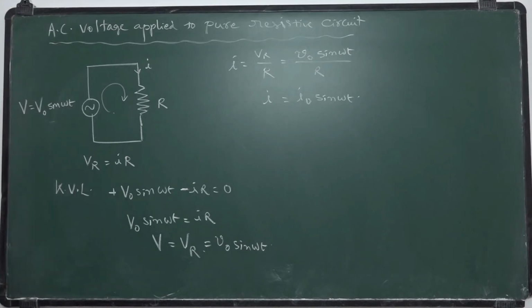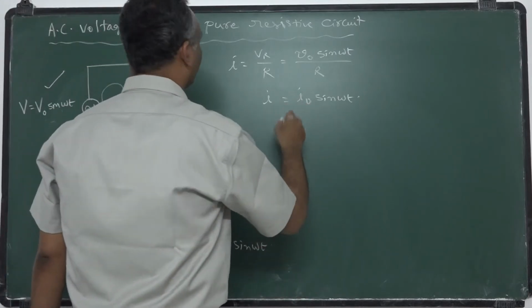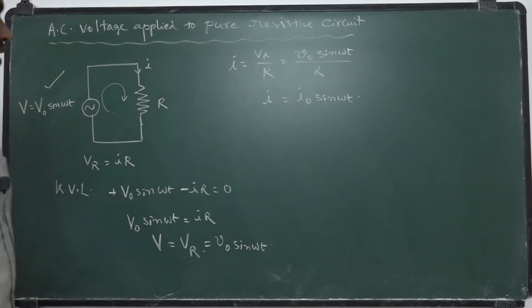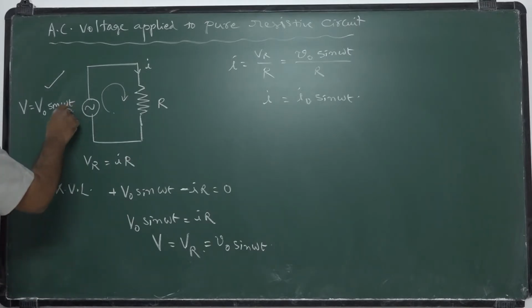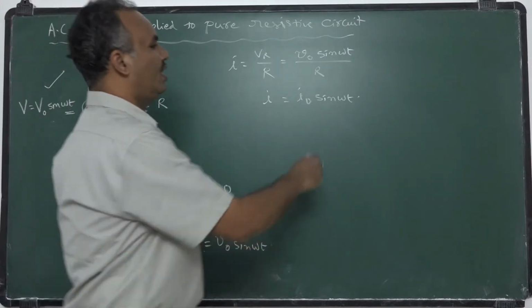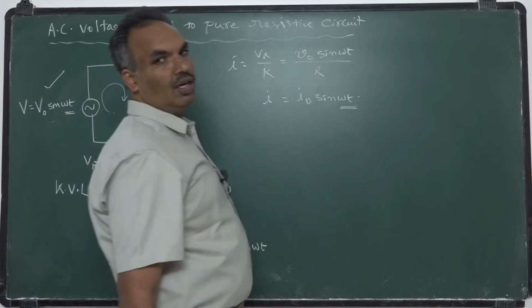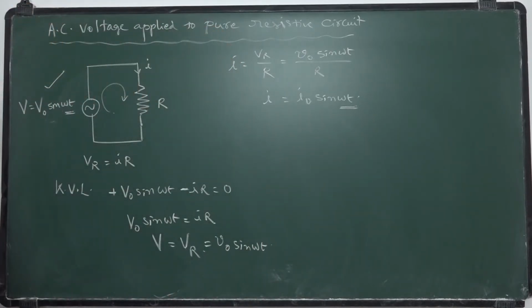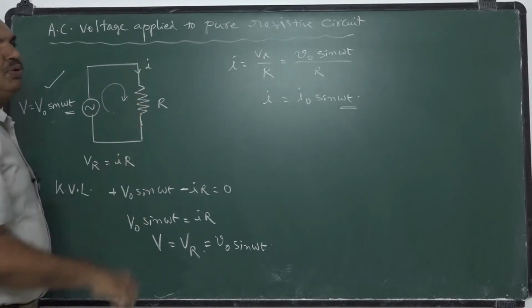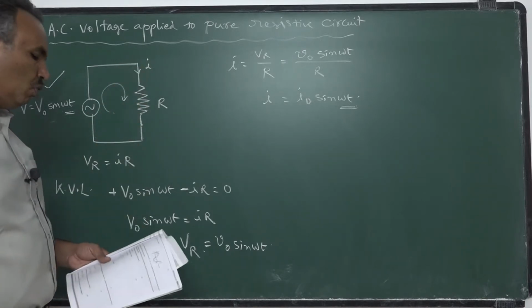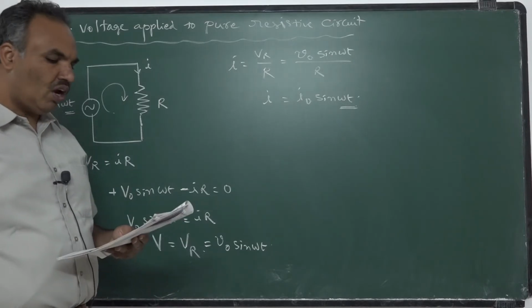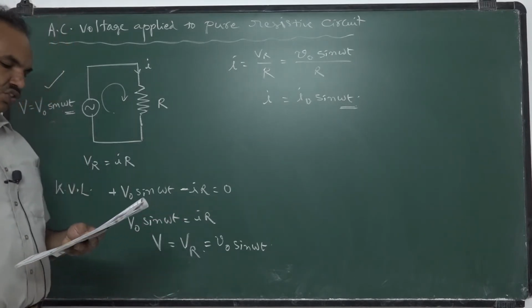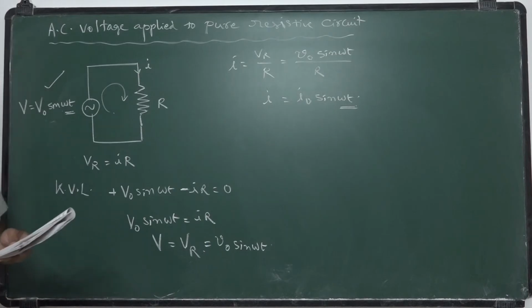If you observe clearly, I have taken the applied voltage as V naught sin omega t, and I got the current passing through the resistor as I naught sin omega t. The phase of this quantity and the phase of this quantity are the same. There is no phase change due to the passage of current through a pure resistor. So a pure resistive circuit will not give any phase change.